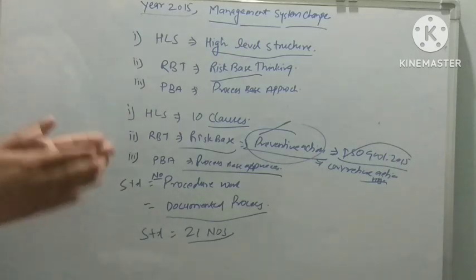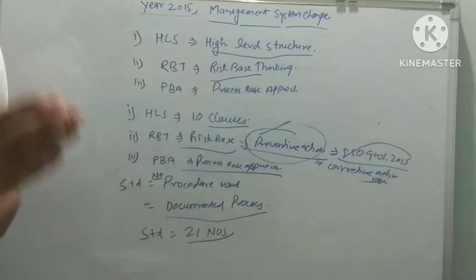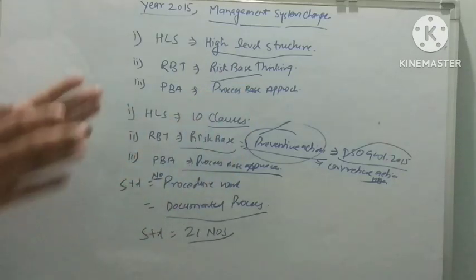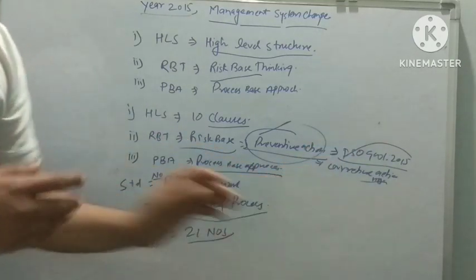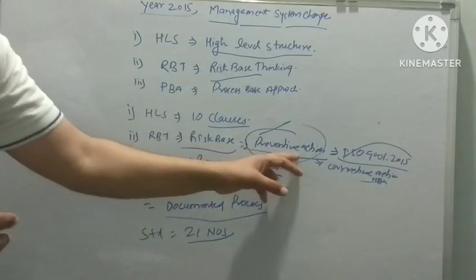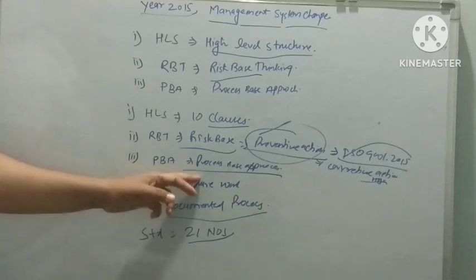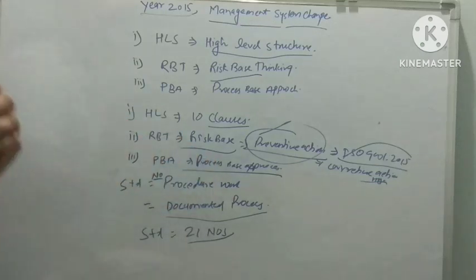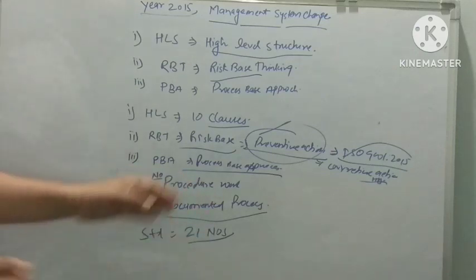One thing we want to make clear is that ISO 9001:2015 doesn't consider preventive action; it considers corrective actions. While in IATF we also talk about preventive action, risk-based thinking. And third is PBA, process-based approach. We will discuss what it is in the next topic.